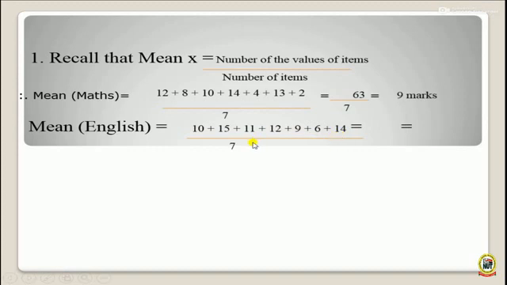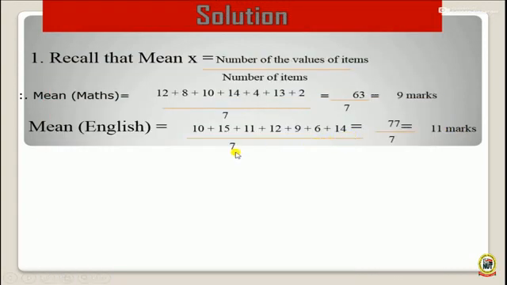Adding all these together, it will give us 77 all over 7. So what is 77 divided by 7? Of course, 11 marks. Therefore, the mean is 11 marks.